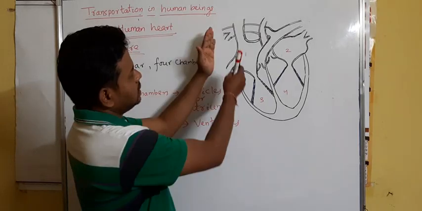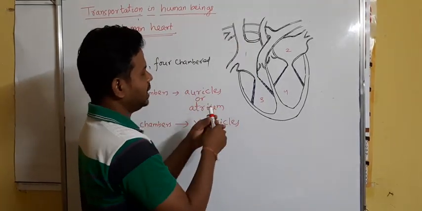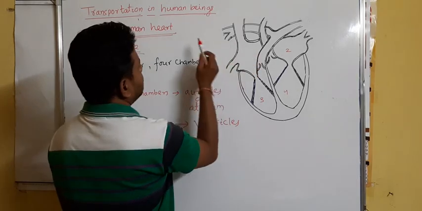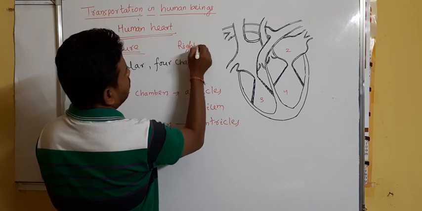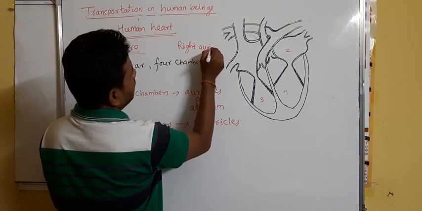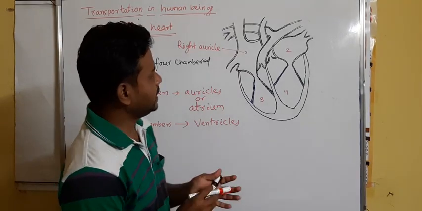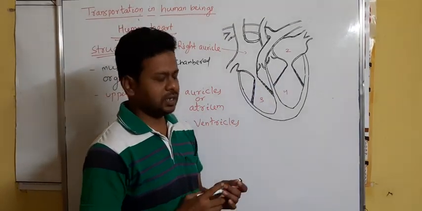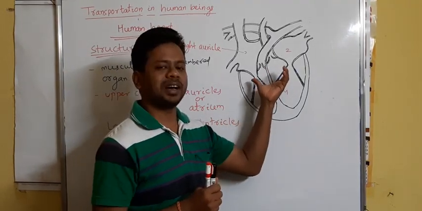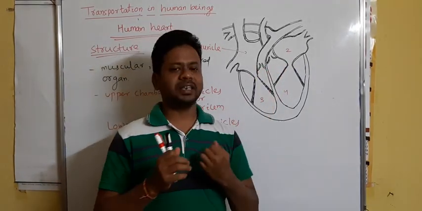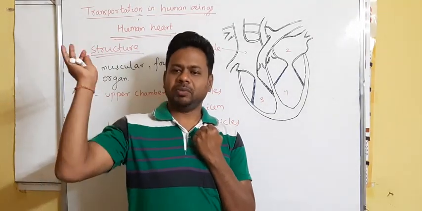Students, you can see that it is present on my left-hand side, but still I am calling this chamber the right auricle or atrium. Why? Because it is a mirror image. If you think that this is my heart and I place it here, the upper two chambers, this side will be my right.